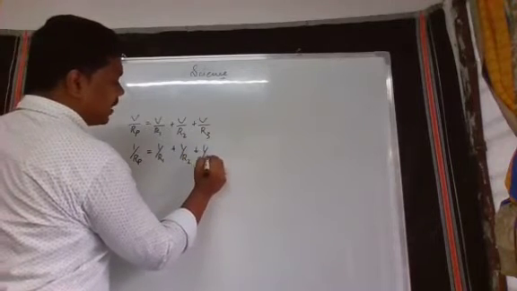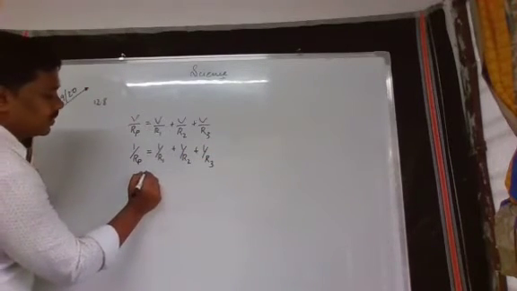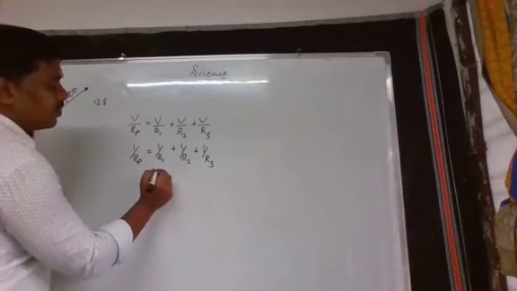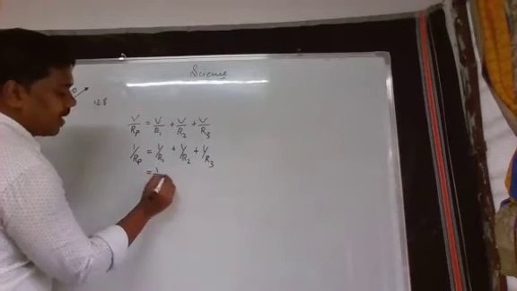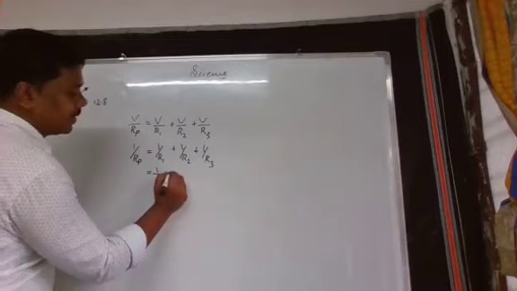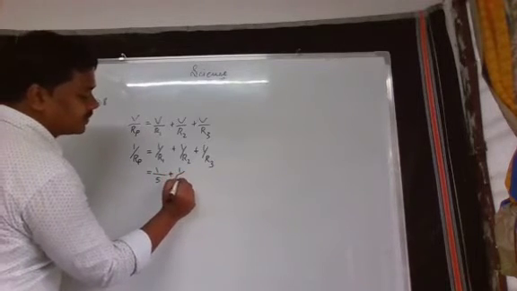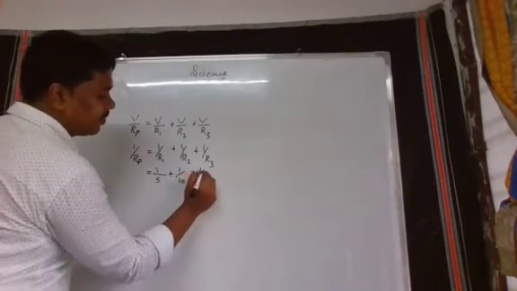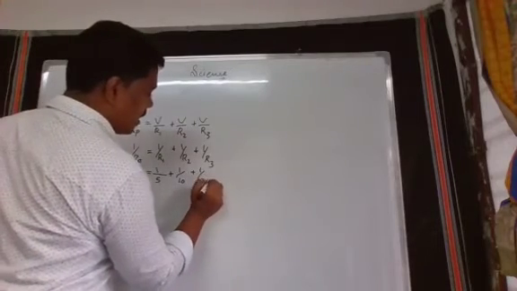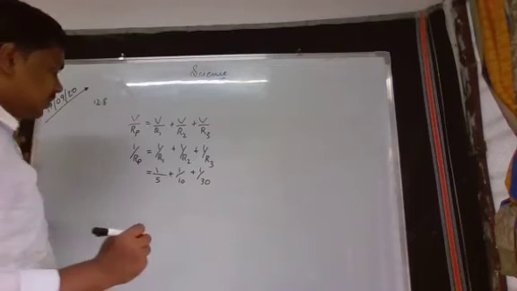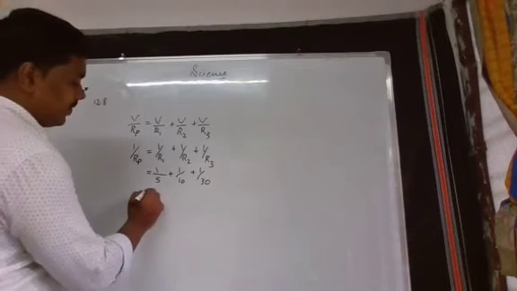That is 1 by 5 plus 1 by 10 plus 1 by 30.